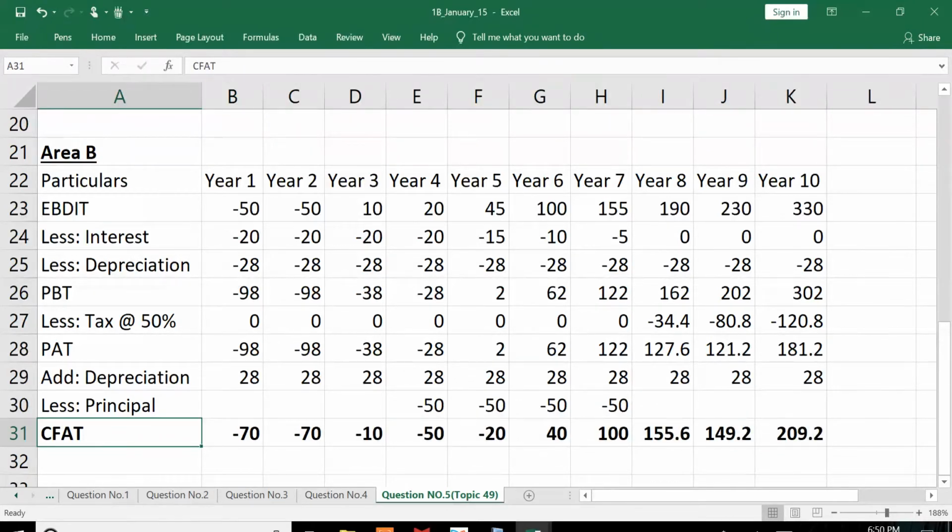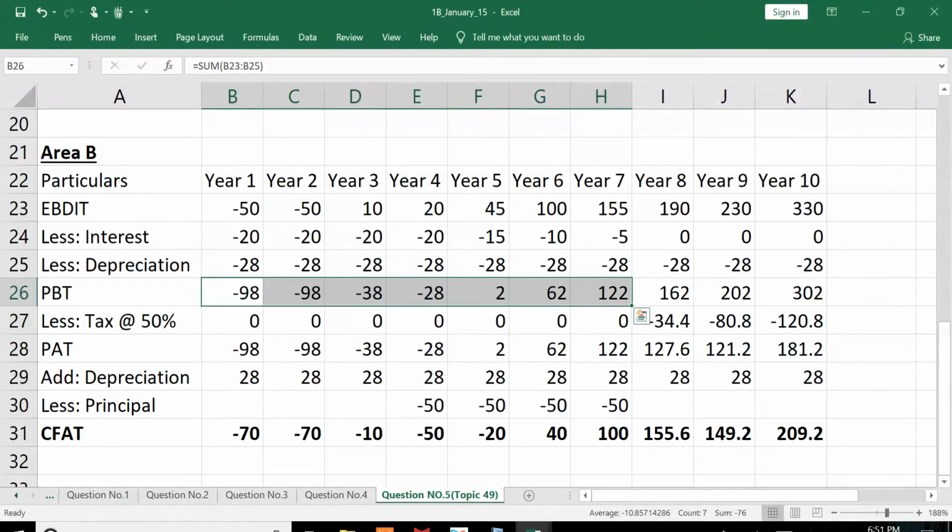This project has negative flows for 5 years. Okay, it is 76, sorry.